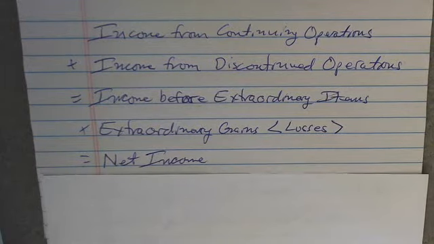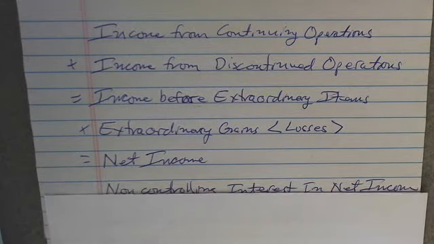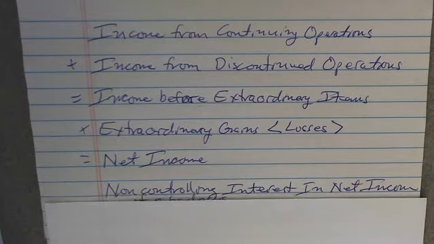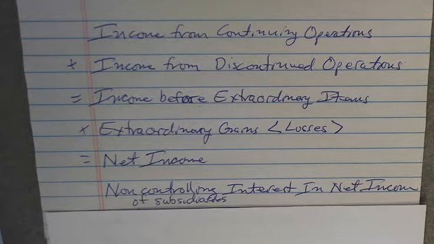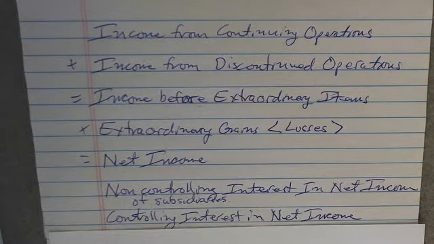Now, after net income, we're required to report, if we have subsidiaries that are not 100% owned by the parent, which means there are some minority shareholders in the subsidiary, we want to subtract their interest in net income out to get the interest in net income of the majority shareholders, or of the parent company shareholders.